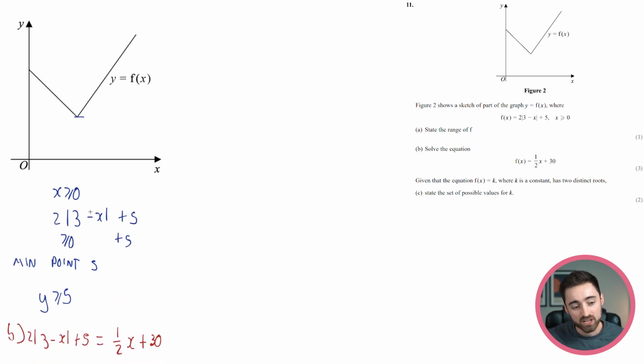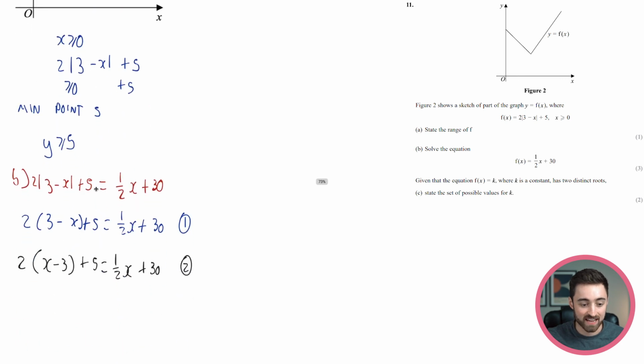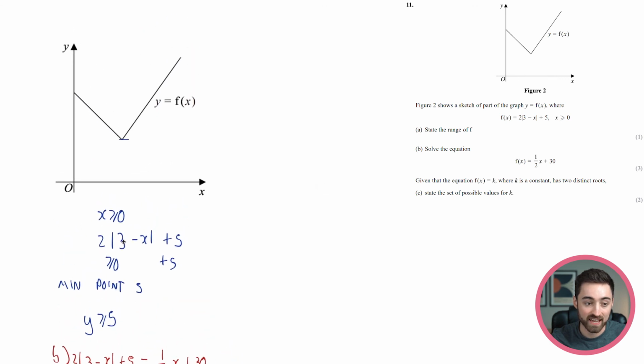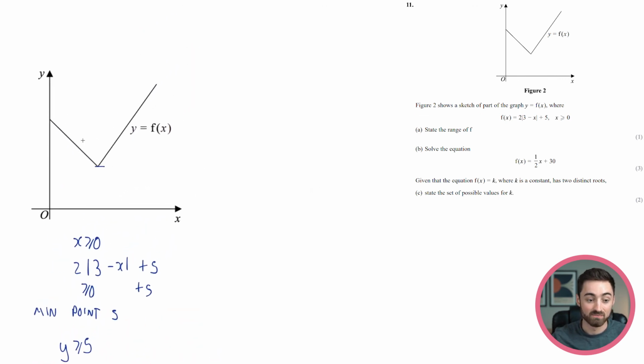So if we were to give a super rough sketch of when this graph intersects the graph of y equals a half x plus 30, then we might start getting an idea about what's kicking off here. A half x plus 30 is going to hit at y equals 30, so higher than this, isn't it? It'd probably be right up here, but for the purposes of this sketch, let's put it here. And then a half x, so a pretty shallow gradient.